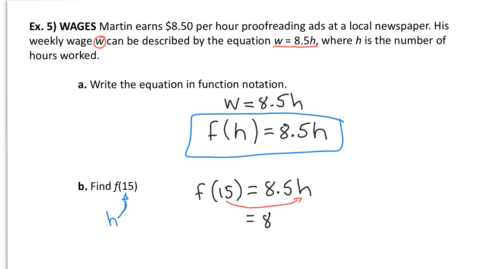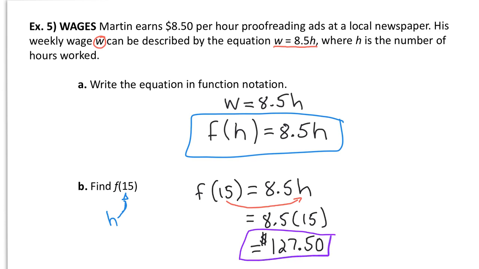So that's going to be 8.5 times 15. And when you guys multiply those two numbers, the answer is 127.5. Now, since we are talking about money, we don't say 127.5, we say 127.50. That 50 means 50 cents. So Martin is going to get paid $127 with 50 cents at the end of the week.